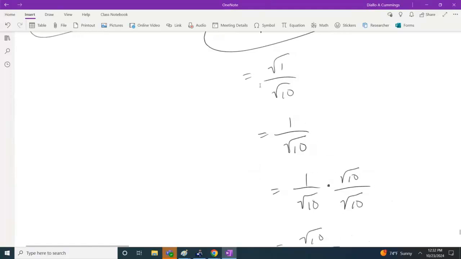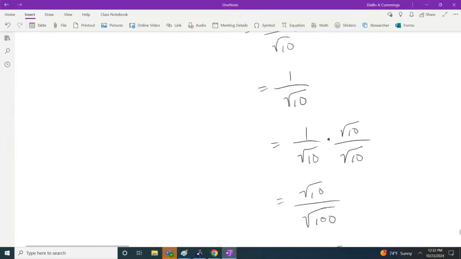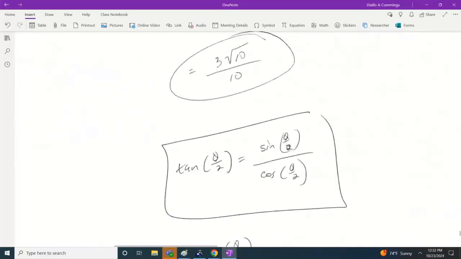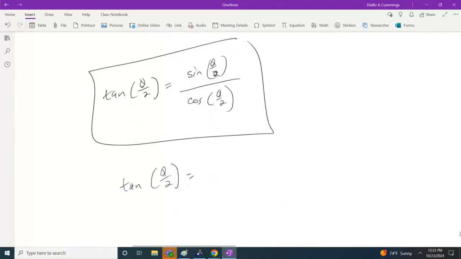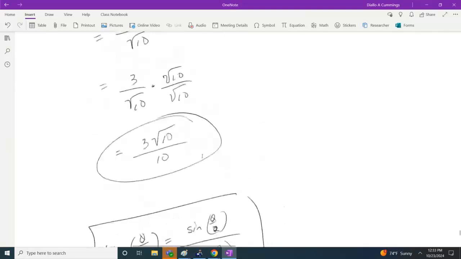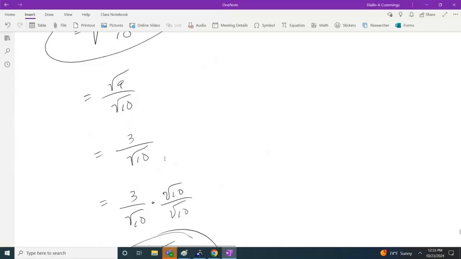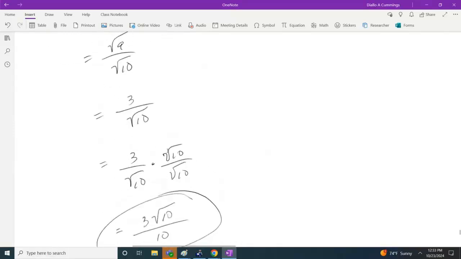I'm going to write it out as the square root of 1 over the square root of 10, because that's the sine of theta over 2. And I'm going to divide that by the half angle for cosine, which was 3 over the square root of 10.